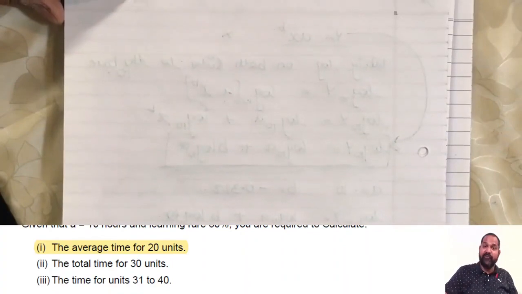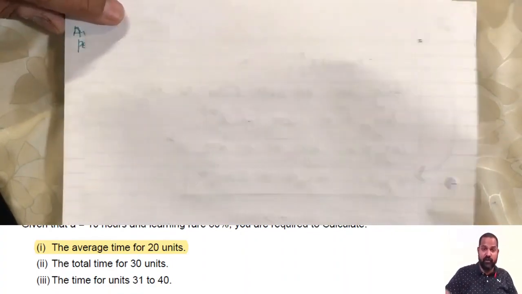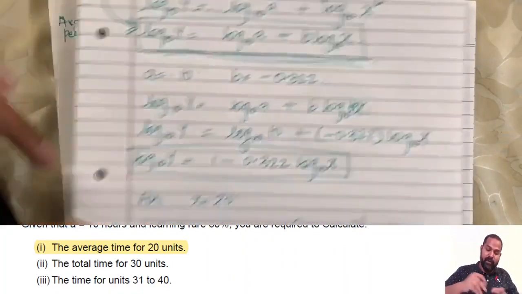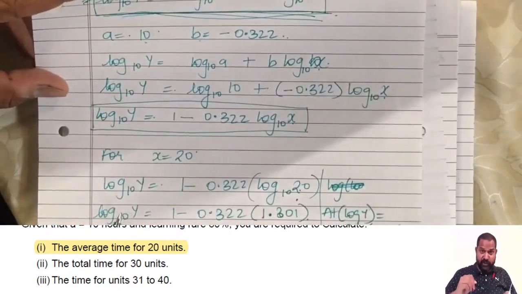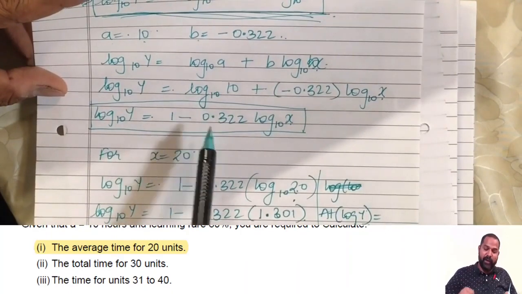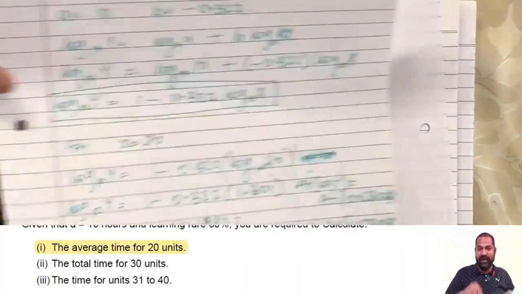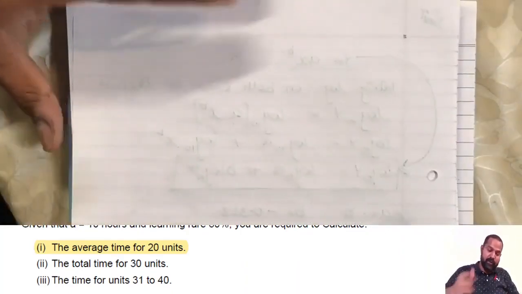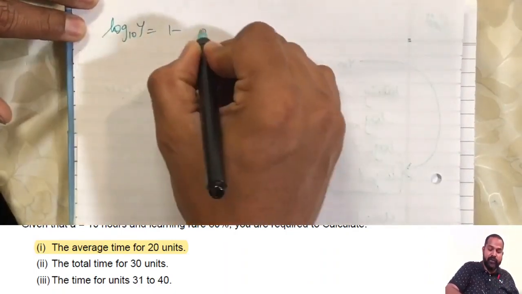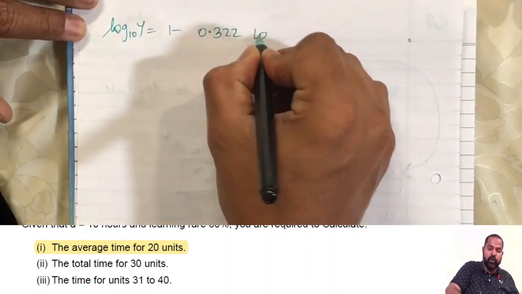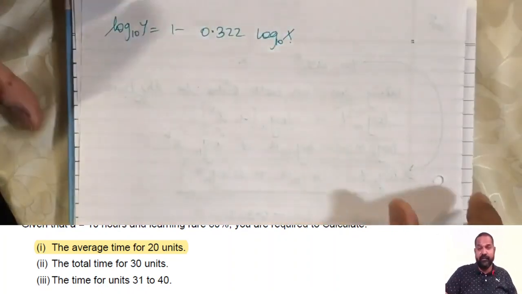What do I have? I have created a standard formula for this now. My standard formula is that log of y is 1 minus 0.322 log x to the base 10.